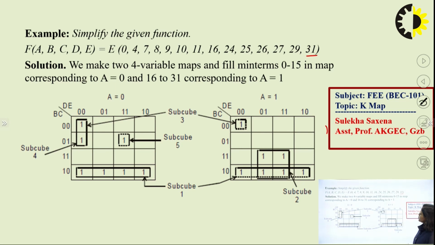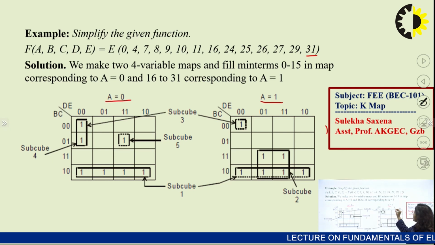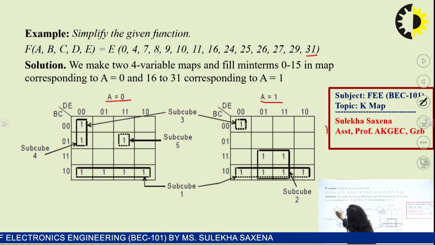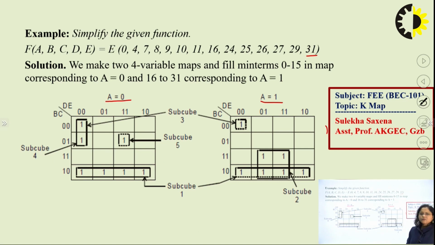We take 2 K-maps. For the first K-map A equals 0 and for the second K-map A equals 1, and the remaining 4 variables will be entered within the K-map: B, C, D, E. Now we enter all the terms, that is 0, 4, 7, 8, 9, 10, 11, 16, 24, 25, 26, 27, 29 and 31. So we enter the given terms as 1 in the K-map.